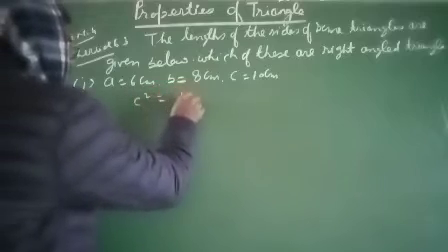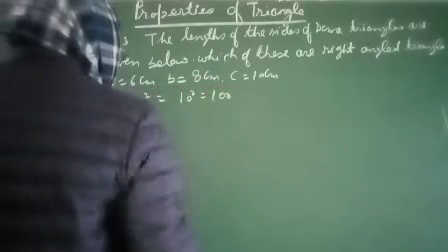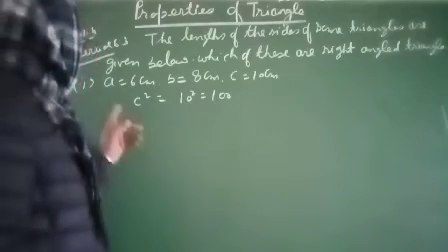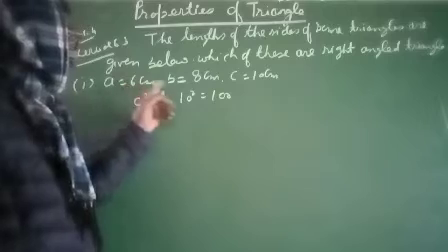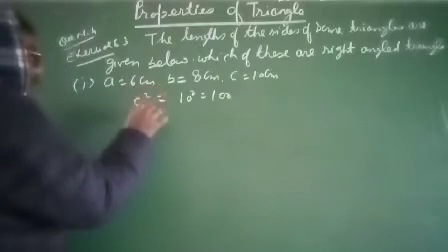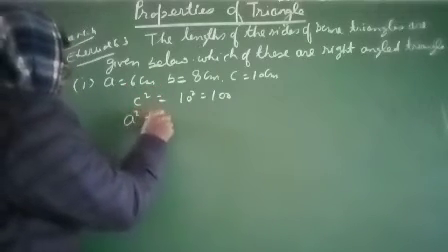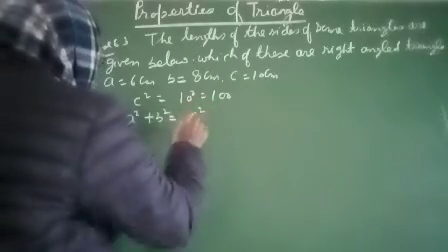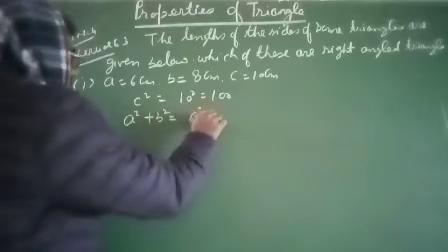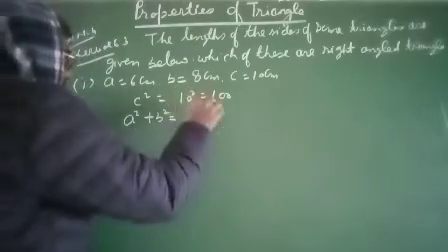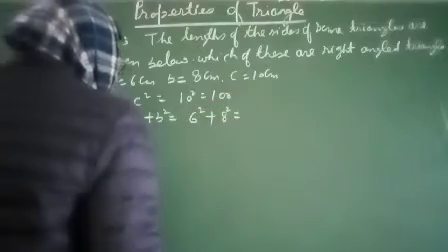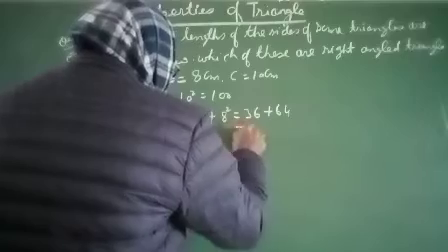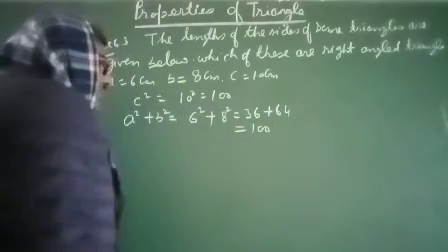C square equals 10 square, equals 100. Now I will find the sum of the squares of A and B, A square plus B square. A is 6 square, and the value of B is 8 square, then it will be 36 plus 64, which equals 100.